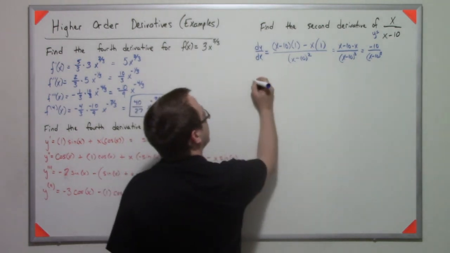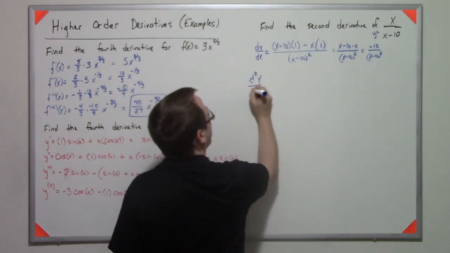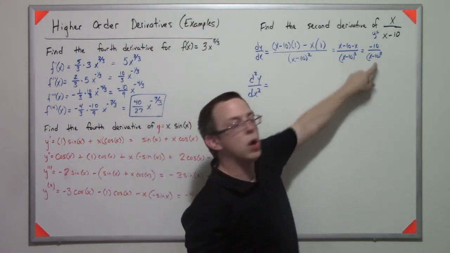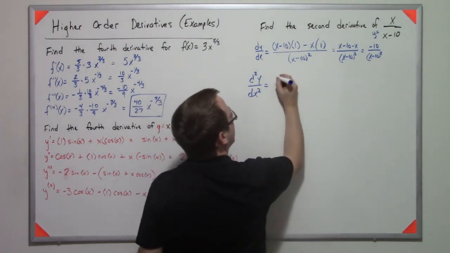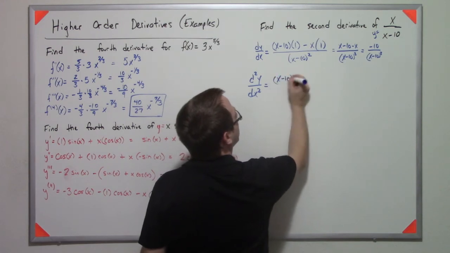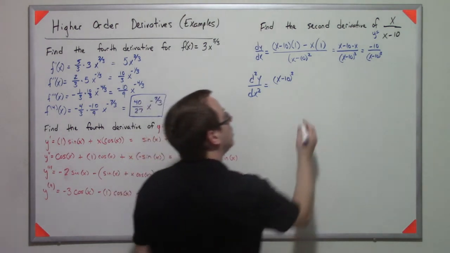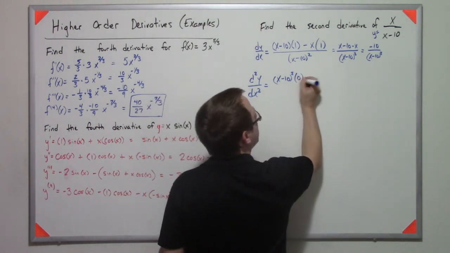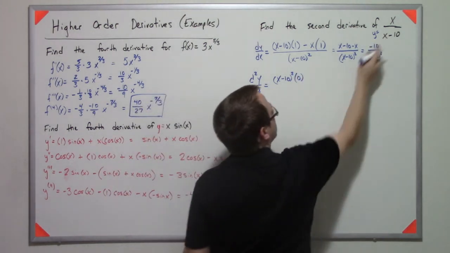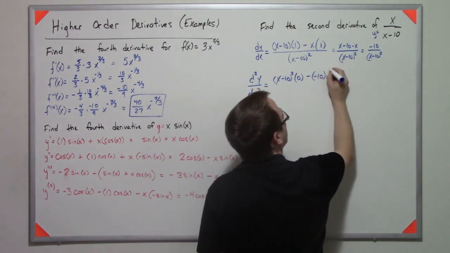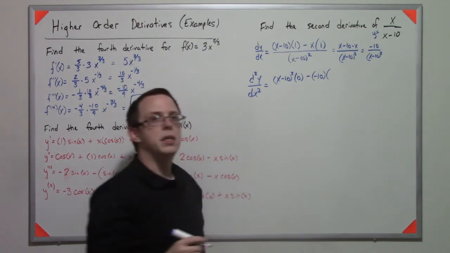So now we need d2y dx squared. So we have to say low, x minus 10 squared, d high, which is 0, because that's 0, minus high d low.